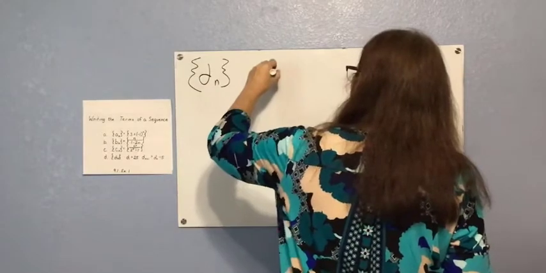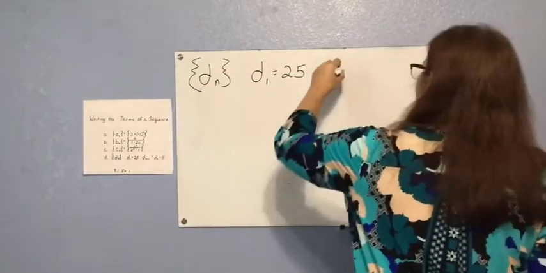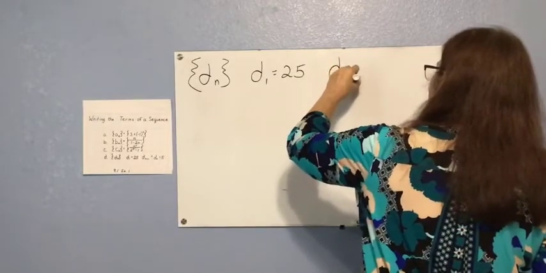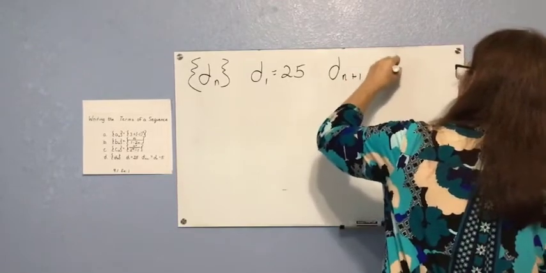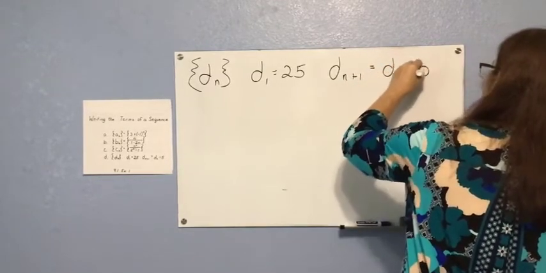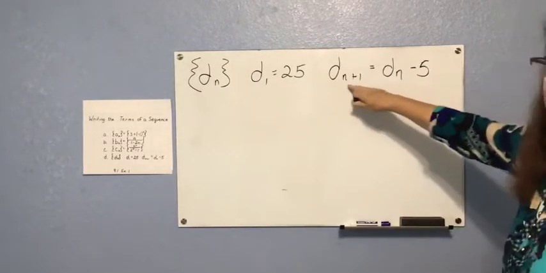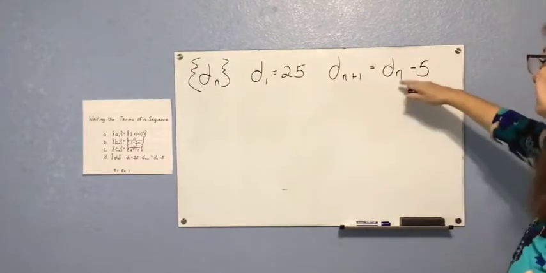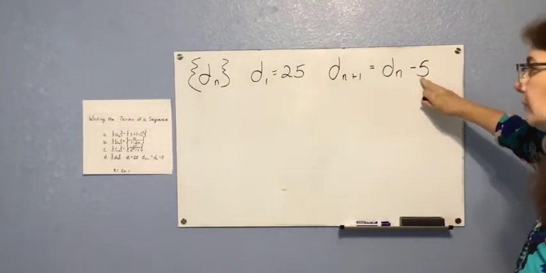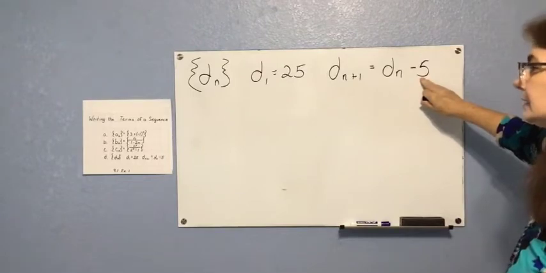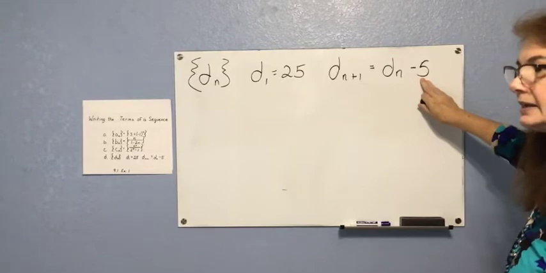D sub 1 is equal to 25, and d sub n plus 1 is equal to d sub n minus 5. So what I'm saying here is that every time I want a new term, I have to subtract 5 from the term that I had before. In some ways, this is easier for many people to understand.